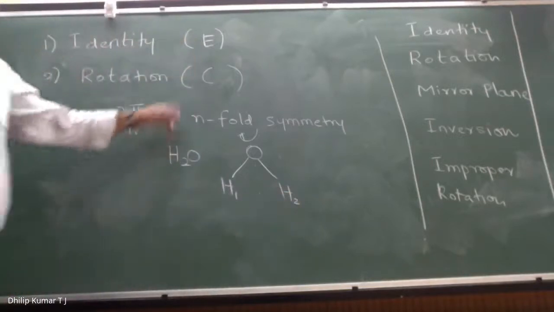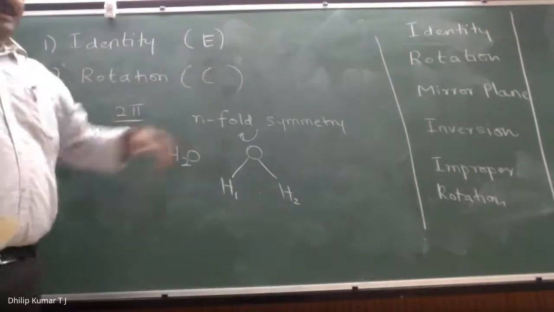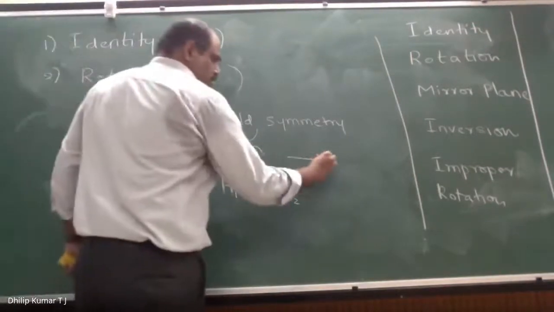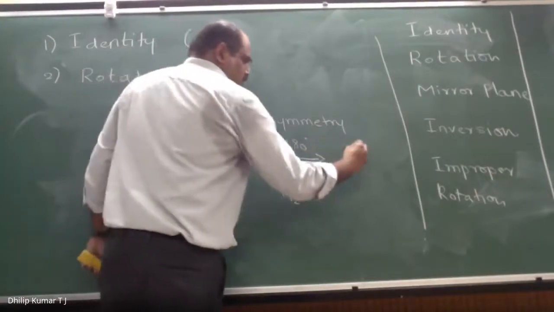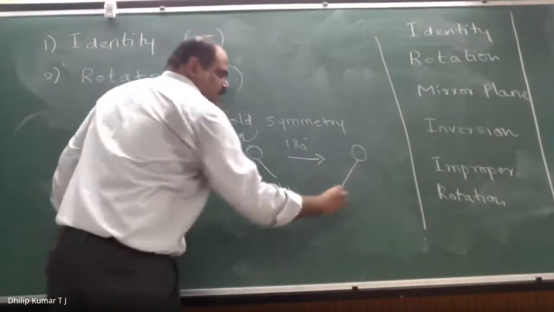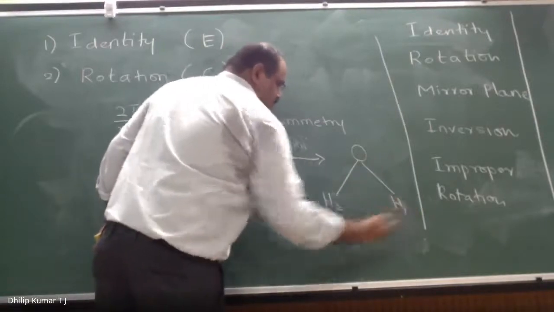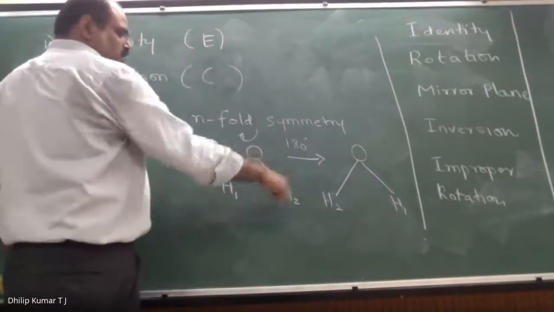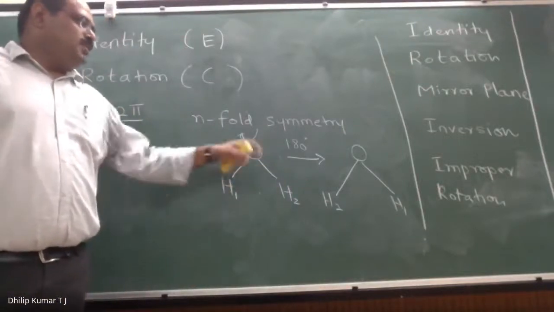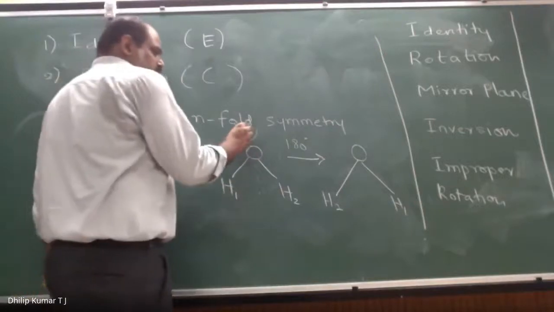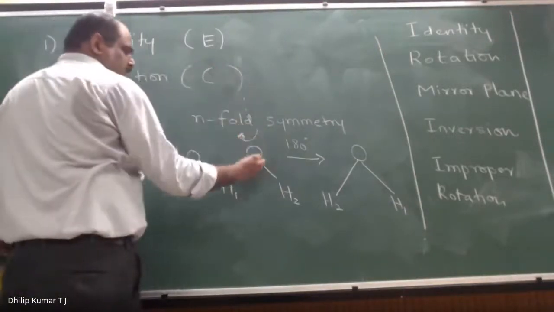For the water molecule, if you rotate it by certain degrees, you will get back the identical image, right? So if you rotate it, say by 180 degrees, so what do you get? Oxygen will be present there itself, and then H1 will become H2, whereas H2 will become H1 by rotation. So we are rotating by 180 degrees through this certain axis.